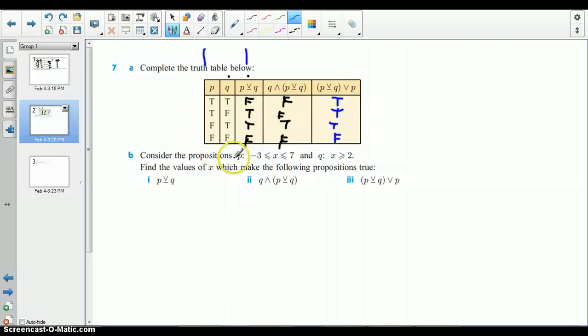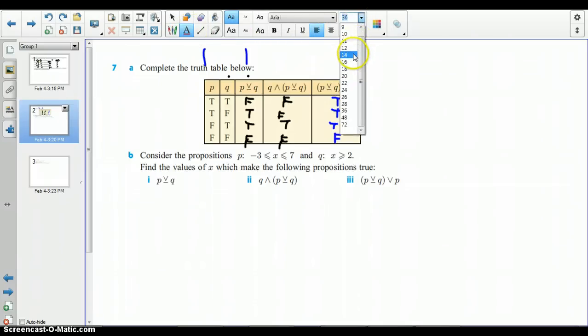Consider the proposition P is x values between -3 and 7 inclusive, and Q is x is greater than or equal to 2. Find the values of x which make the following propositions true. So for part B1, let's just write out all the values of x.